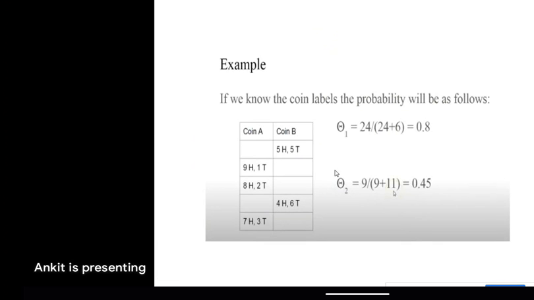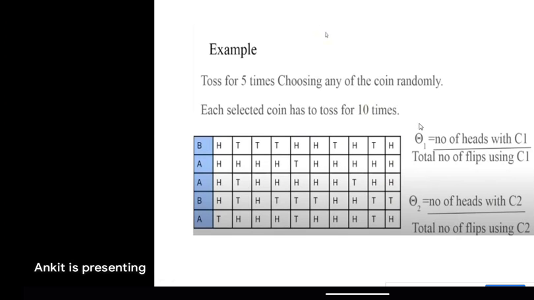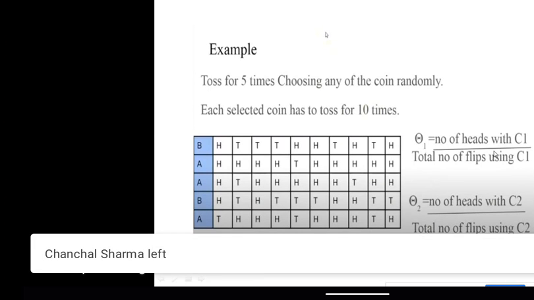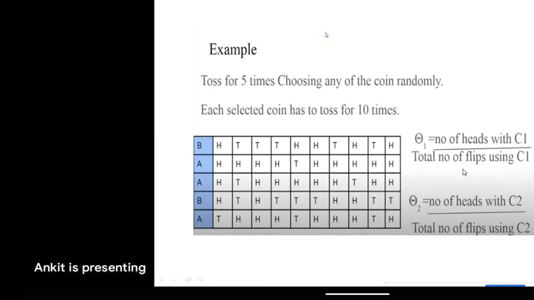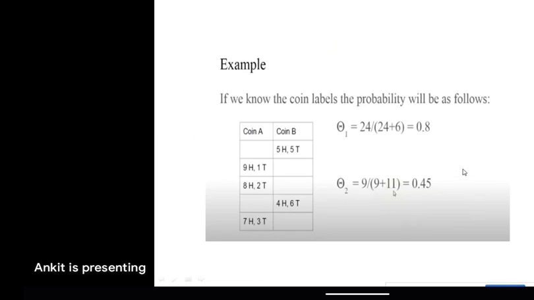So guys, we now calculate theta 1 and theta 2 by applying the formula in the previous slide. For calculating theta 1, it is the number of heads with C1 upon the total number of flips using C1. So the total number of heads for coin A is the sum of the heads, 9 plus 8 plus 7, which is equal to 24, right? So 24 upon the total number of flips.